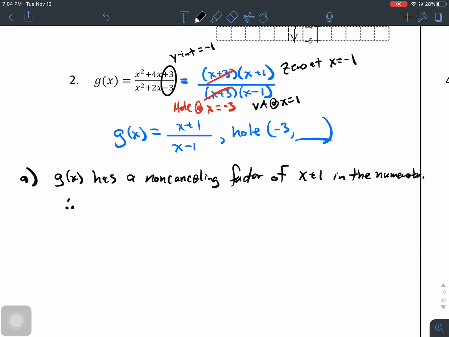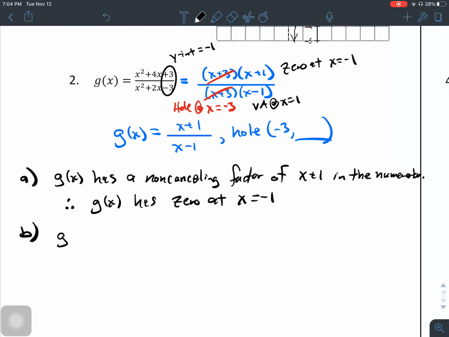Therefore, g of x has a 0 at x equals -1. Done.